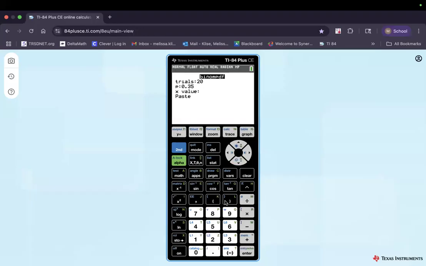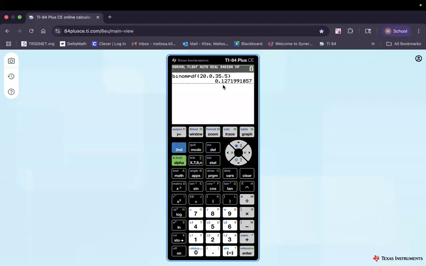And then X value, that's how many successes we're looking for. I'm looking for 5. 20 trials, probability 0.35. So this is saying if I did 20 trials with a 35% probability, what's the probability exactly 5 are successes? This is what it'll look like if you don't have that fancy screen that I have. You put it in like this, and I'm going to hit enter.